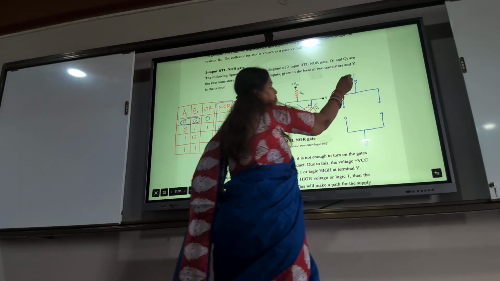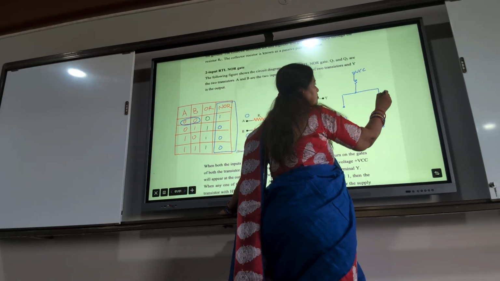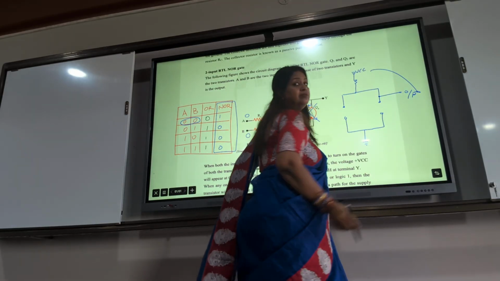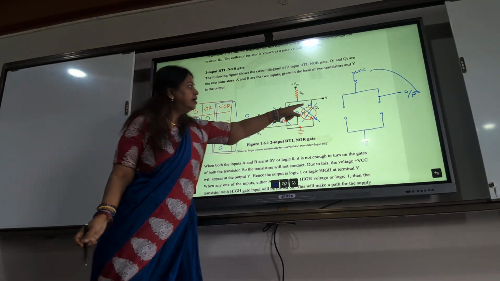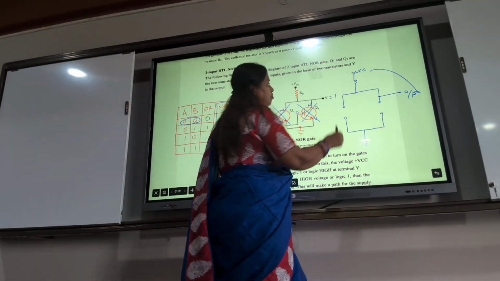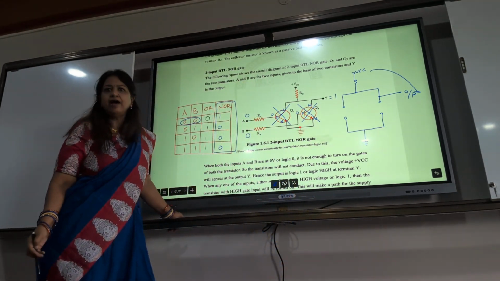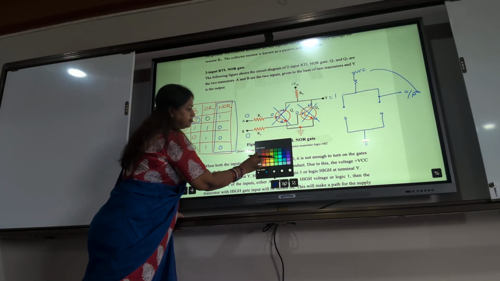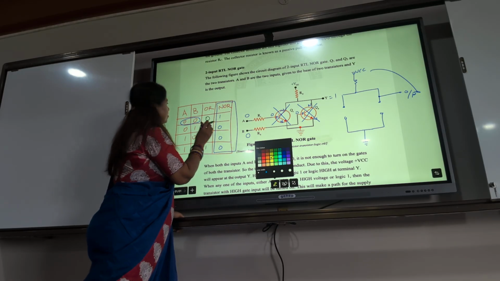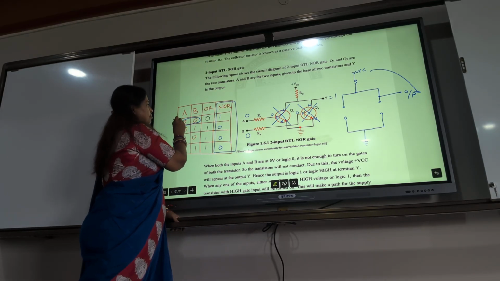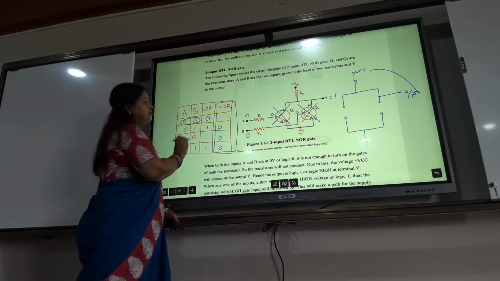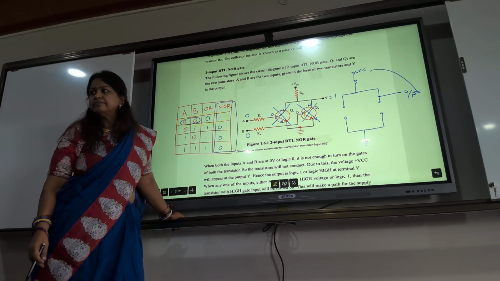So what will be the output? Output I am taking here. I will get the supply value here, so the output will be 1. So in the first condition, 0, 0, we get output equal to 1. Clear?